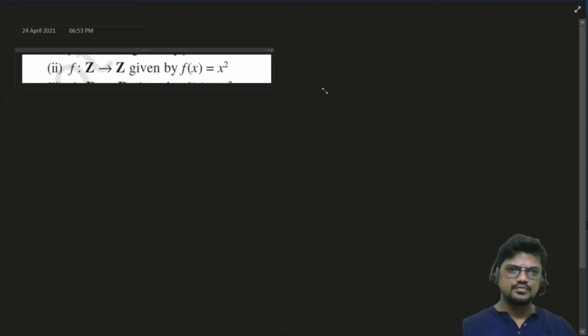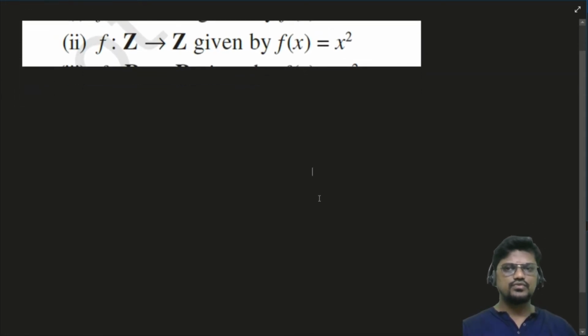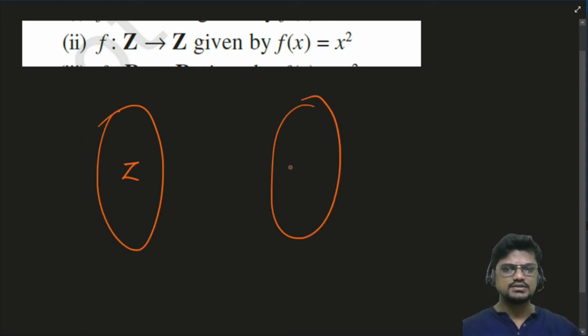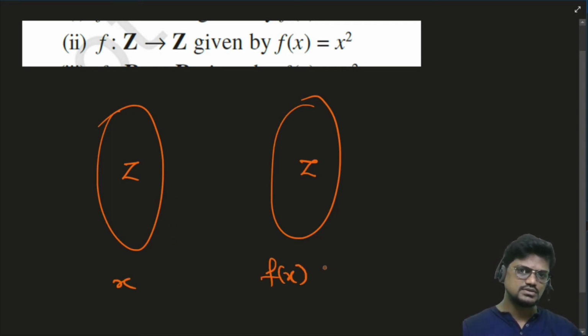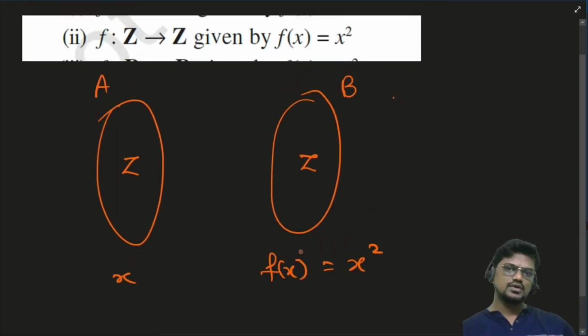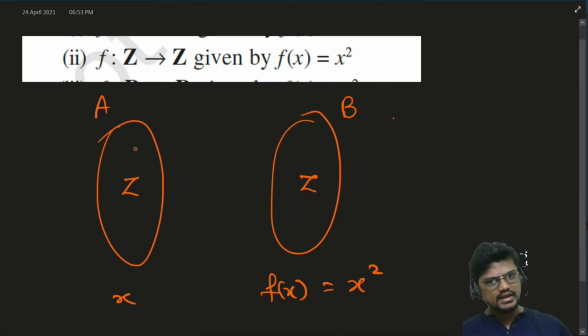See, if for the function, z belongs to z, means the function is from z to z, means from integers to integers, given by f of x equals x square. These are integers, these are also integers, this is your set A and this is your set B. So for any integer, the answer will be an integer.